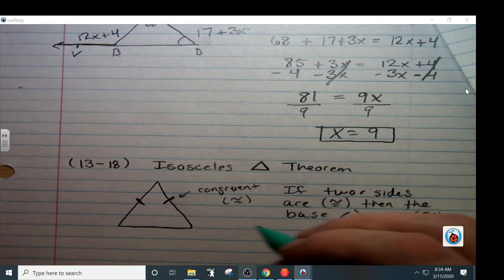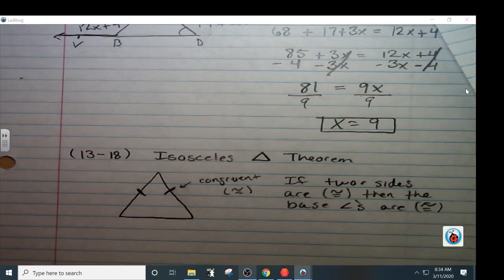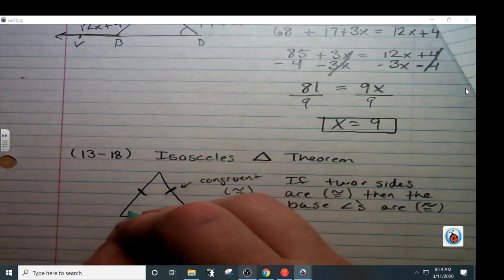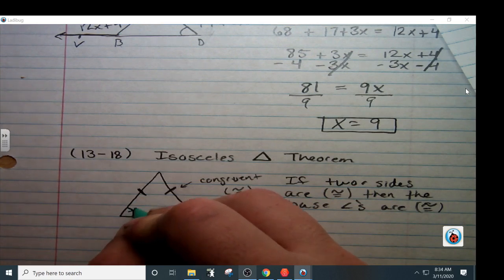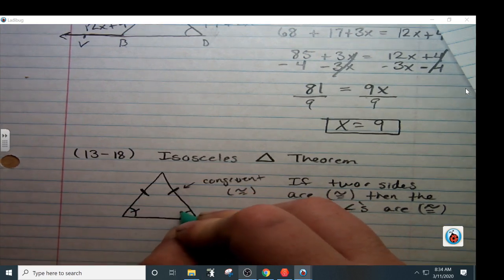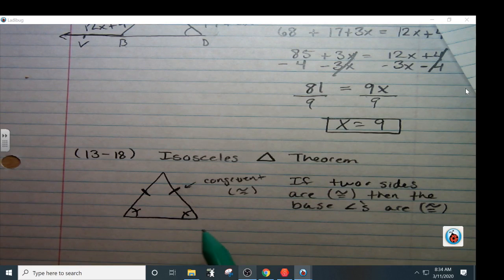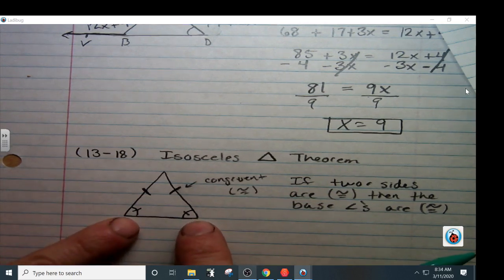All right, so if two sides are congruent, the base angles are congruent. That's the isosceles triangle theorem in a nutshell. So now, the base angles would be this angle and this angle. Remember, guys, tick marks means congruent. So this angle is congruent to this angle.